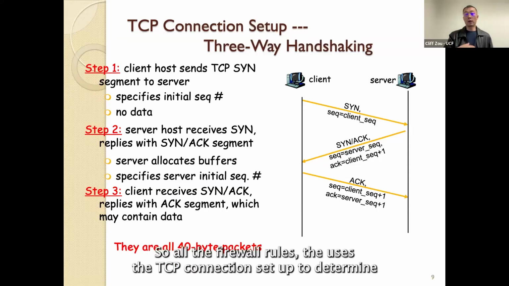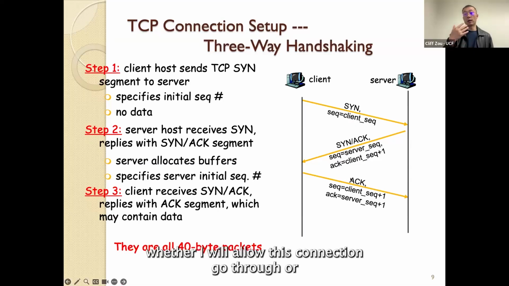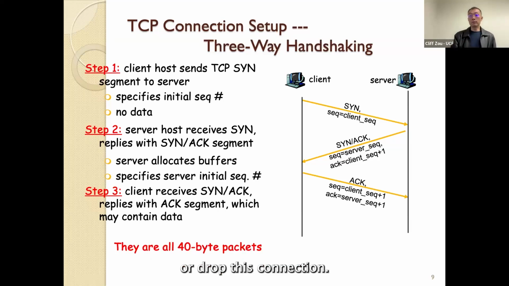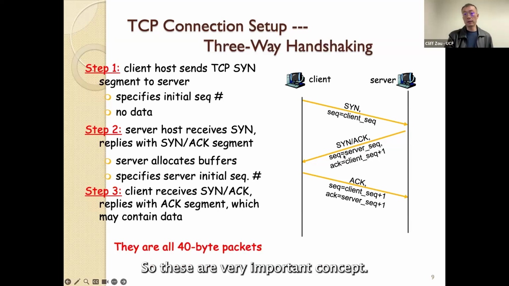So all the firewall rules use this TCP connection setup to determine whether I will allow this connection to go through or drop this connection. So these are very important concepts.